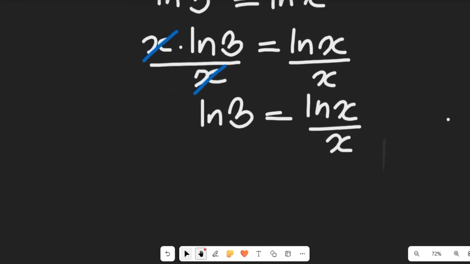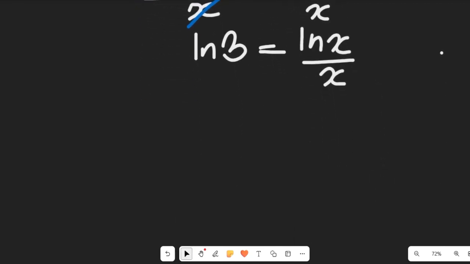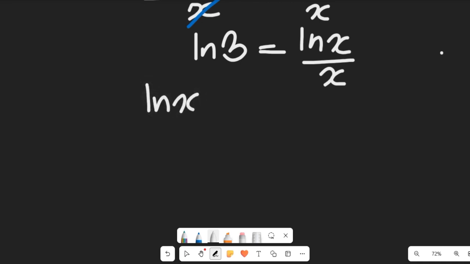In the next step, we're going to see how we can simplify this. I'll have the ln of x divided by x simply equal to the ln of 3. We have not changed anything.